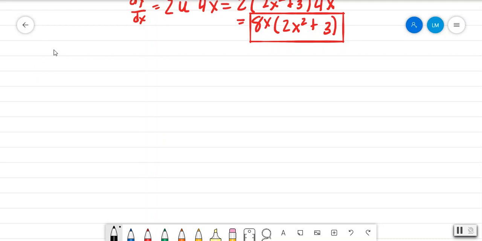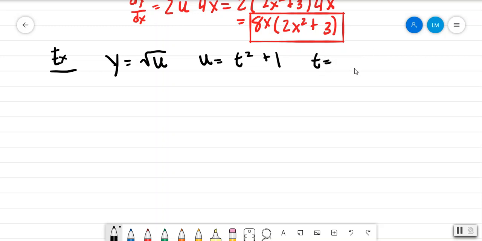So let's say that we have y equals the square root of u, but then let's say that u is equal to t squared plus 1, and then let's say that t is equal to, for example, x plus 1.